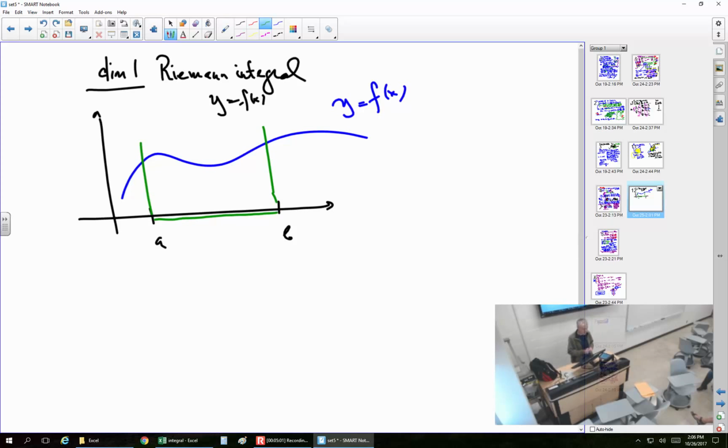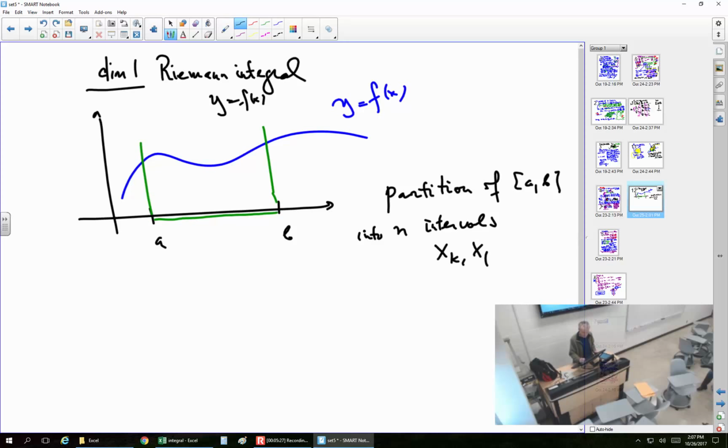You remember that. Now what actually happens is we introduce what's called a partition of the interval AB, which is simply a bunch of numbers that are usually equally spaced but don't have to be. So a partition of the interval AB into n intervals of x_k, x_{k+1}.